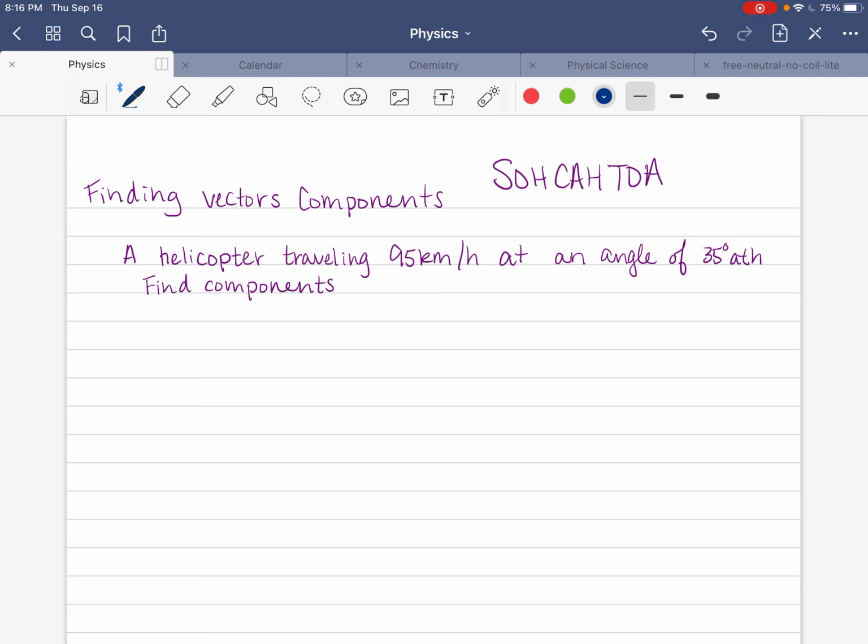My vector will look like this, and I know that the angle above my horizontal, this angle here, is 35 degrees. I want to know what the x component and the y component are.